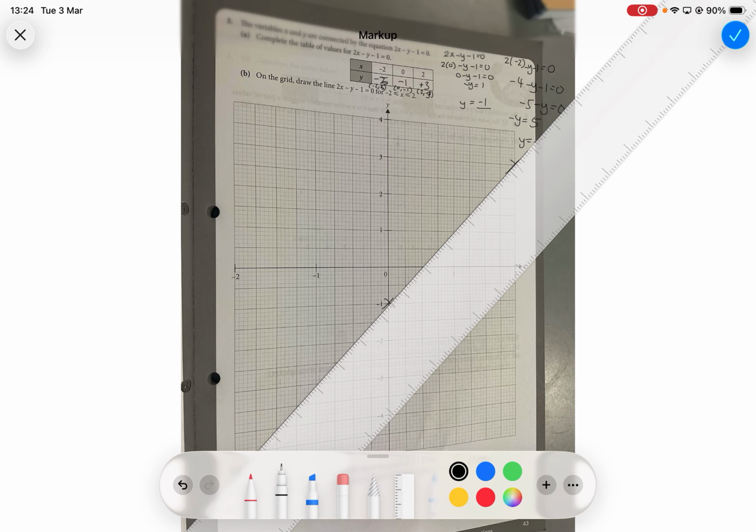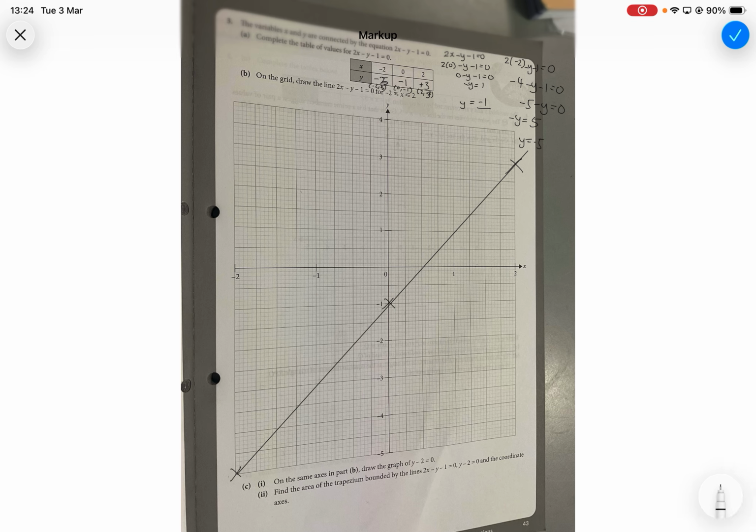If I know y minus 2 is 0, can I add 2, let it become y, add 2, let it become 2?